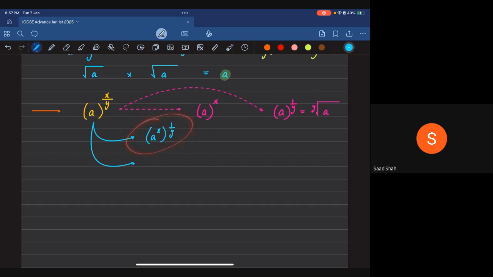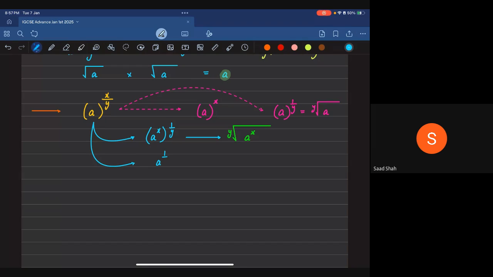Considering this power, the first thing that is happening is that you're taking the power of a as x, and on the outside, you're also taking the root, so you can solve it like this. First take the individual power, and then take whatever respective root it has. Secondly, what could be another option?